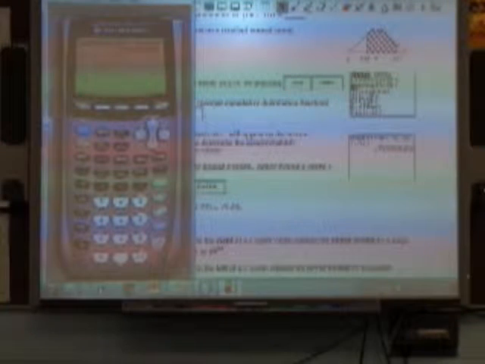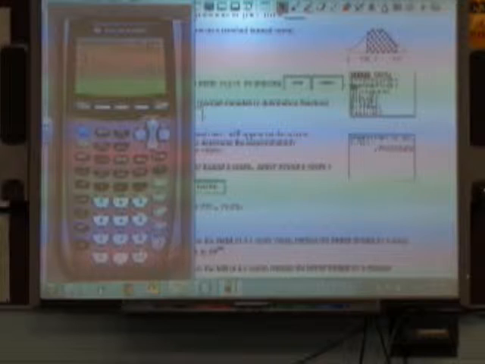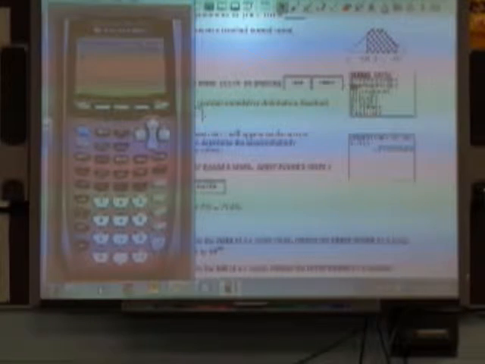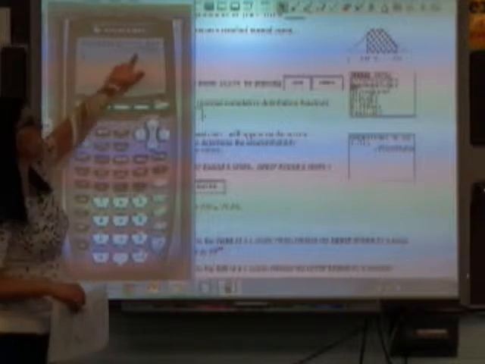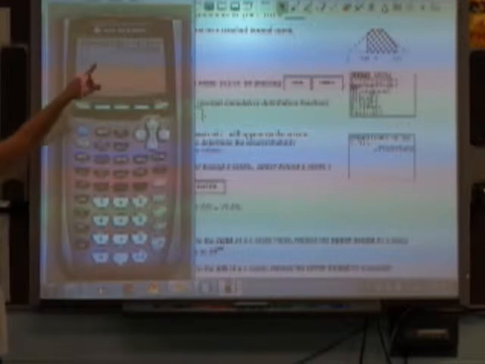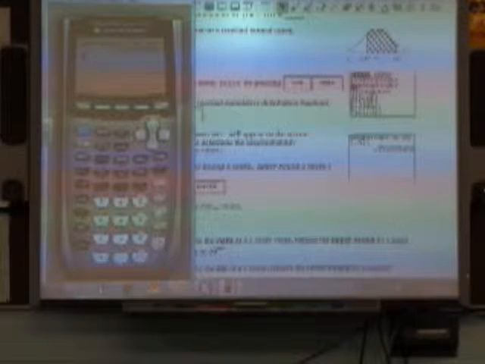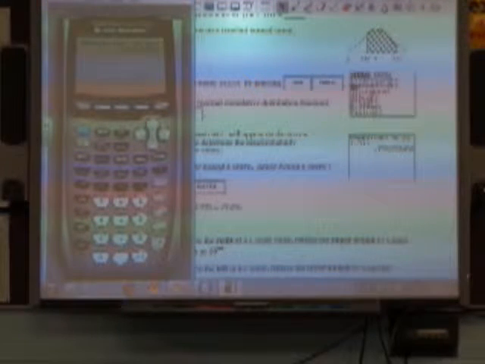Then I press enter, and there comes my 0.791893, etc. As a probability, this is 0.7918. As a percentage, I would multiply that number by 100, and I would get 79%. So 79% of the data lies between those two z-scores.